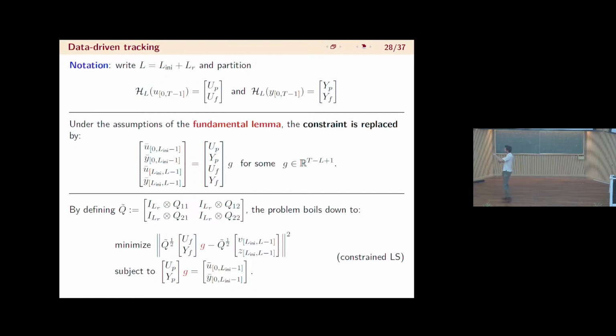So you minimize the cost function over this unknown vector G now. The cost function depends only on the Q, so the weight matrix in your tracking problem, the data matrices UF, YF, and the reference trajectory, VZ. And the constraint also only depends on the data and the initial trajectory that is given.